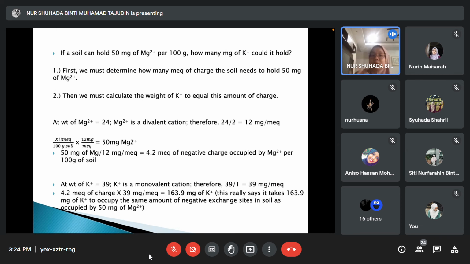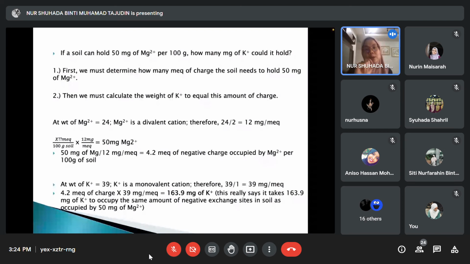If you say the soil is 12 MEQ, either Mg sits there or calcium sits there, the soil is 12 MEQ. Now I did not say that. I said the content of the magnesium in the soil is 50 milligram.